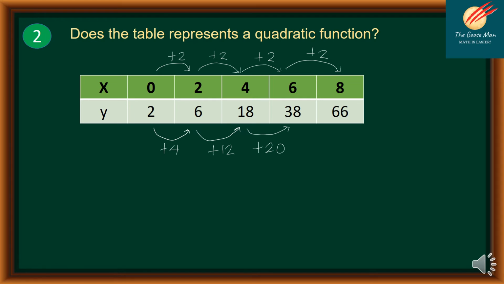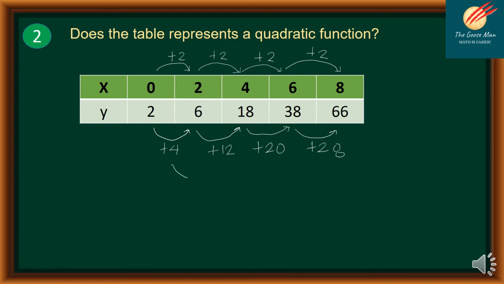Also, the difference between 38 and 66 is equal to 28. Observe that on the first layer, we don't have the same differences. So we will move on to the next differences or the second differences.